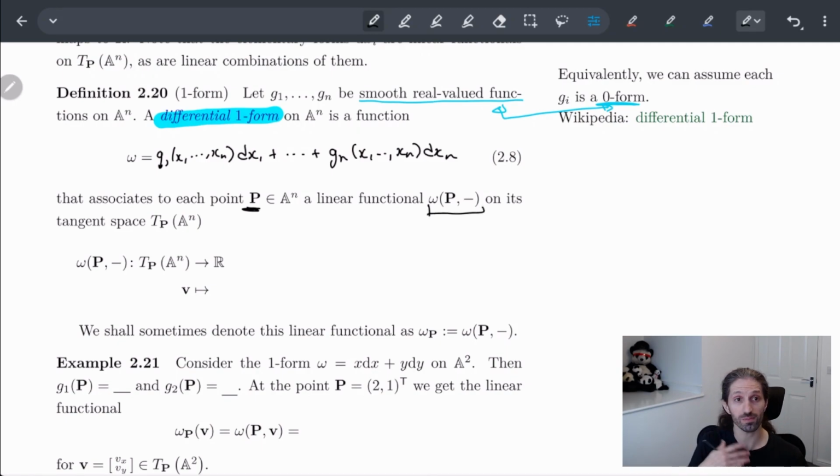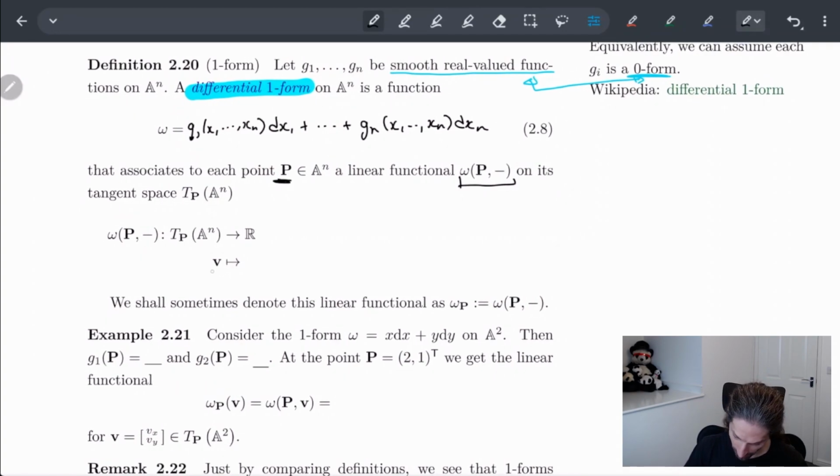So we're going from some point to a linear functional, no longer to a vector. In other words, we take a vector in the tangent space, and this is going to give us a linear functional.